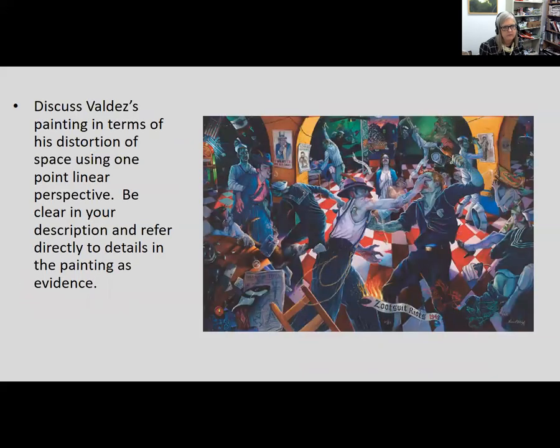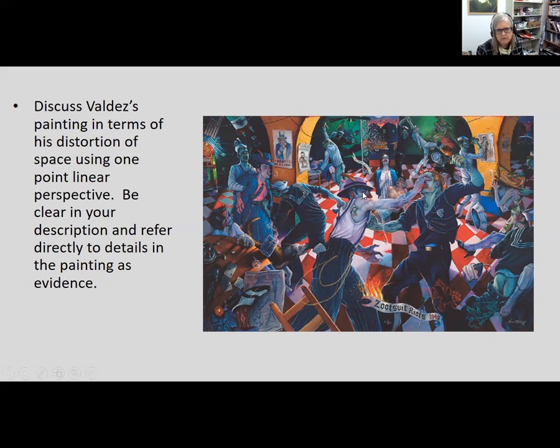So then, finally, the last question is, you're going to discuss Valdez's painting in terms of its distortion of space using one-point linear perspective. Be really clear in your description and refer directly to details in the painting as evidence.